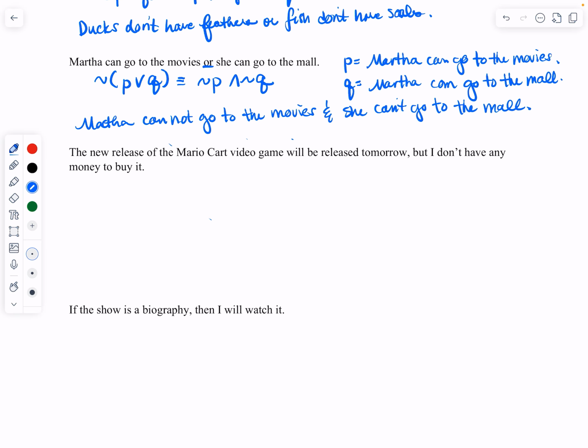All right, let's look at the next one. The new release of the Mario Kart video game will be released tomorrow, but I don't have any money to buy it. Please note that the word but is equivalent to and. So we're going to use the and symbol there.